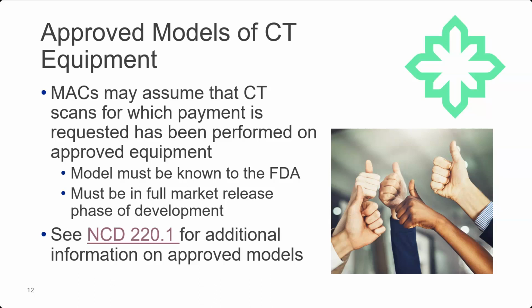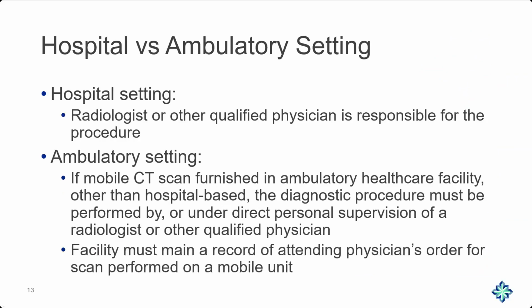Before we move on into some of the review information, I want to talk briefly about mobile CT scan settings, and that includes hospital and ambulatory settings. When it comes to mobile CT equipment, there are a few things that you should keep in mind about the setting in which it is performed.